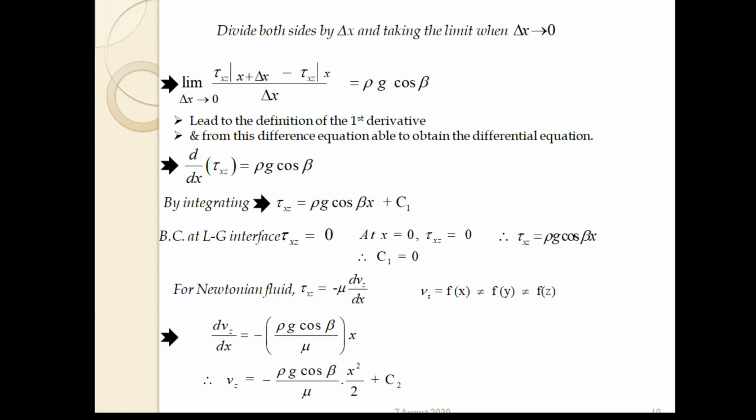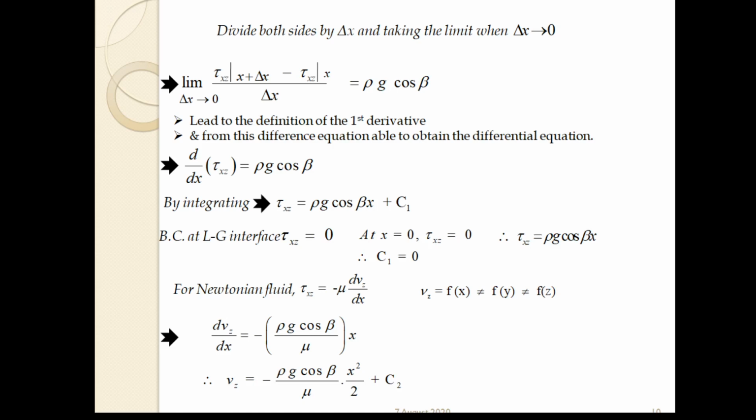Now, for a Newtonian fluid, the shear stress tau xz also equals minus mu dvz/dx, and we also know that the velocity in the z direction is a function of x, not of y and not of z.